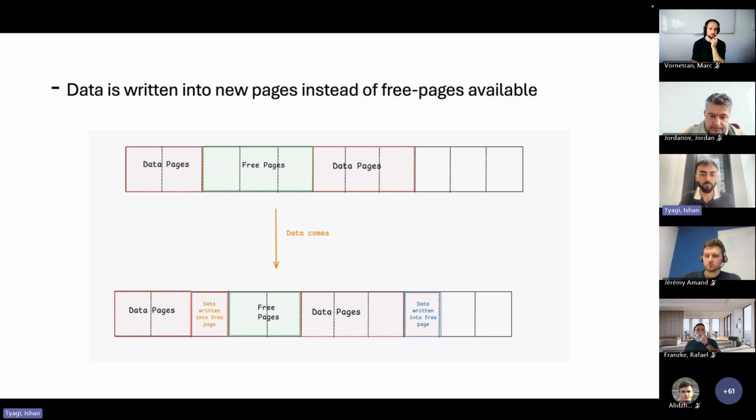But what our theory was, is that although free pages are available, only a few are being used, not every free page, and it ends up allocating more pages. Hence, the total DB size in use is not changing, but total DB size is increasing, because you see this blue page is allocating one more page, although it has a free page available.